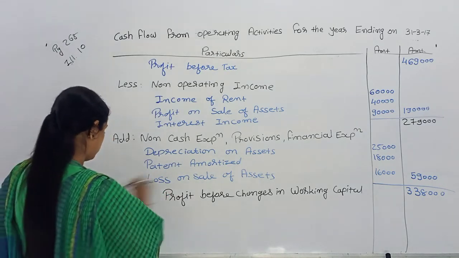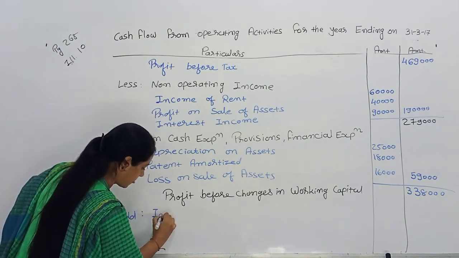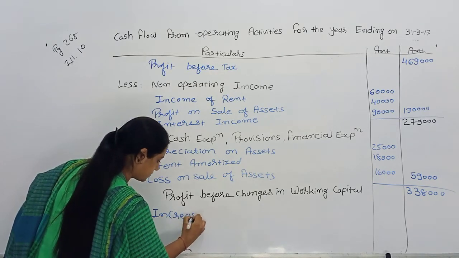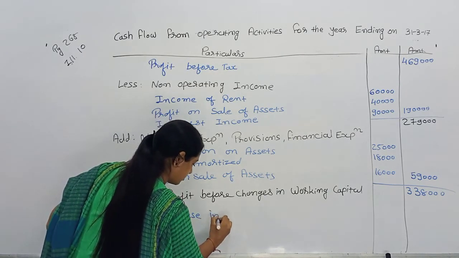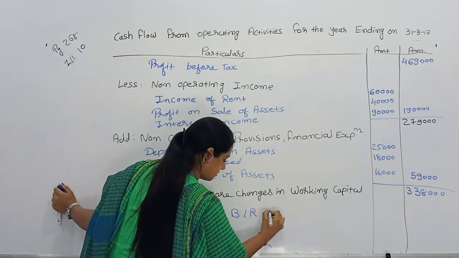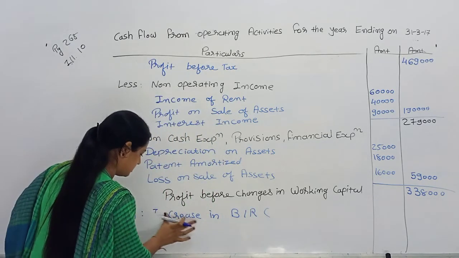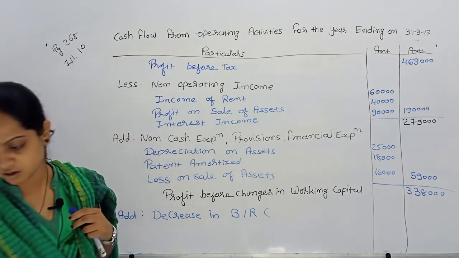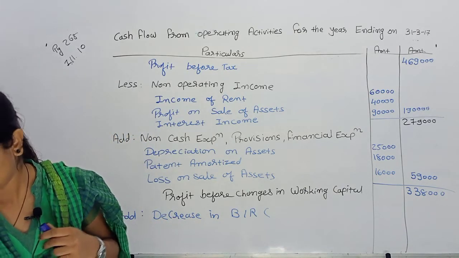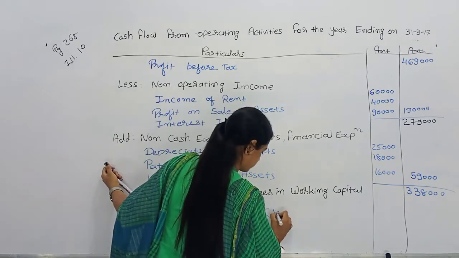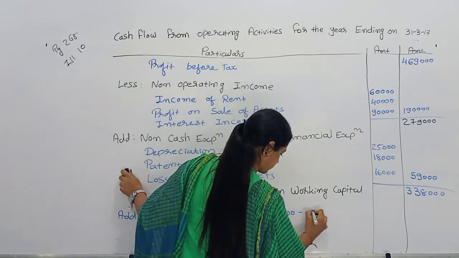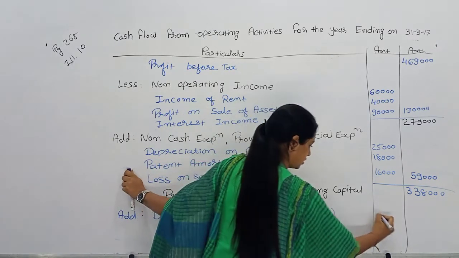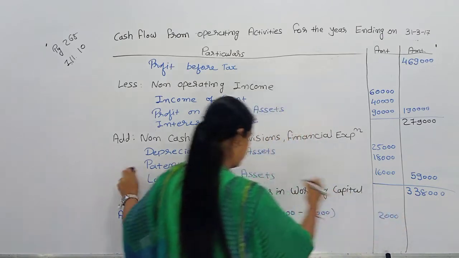So first of all, here I will write decrease in bills receivable. Amount 10,000 minus 8,000, 2,000 will be the difference.